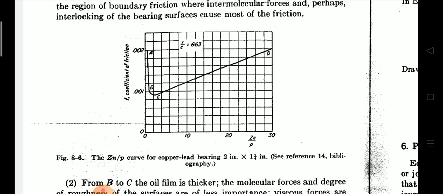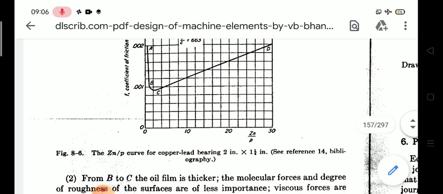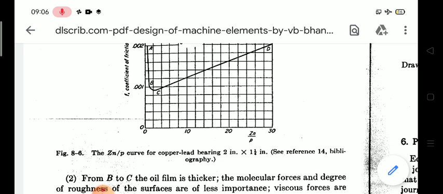And only during this section are the hydrodynamic concepts going to be valid. Before this, in sections AB and BC, hydrostatic bearings are going to be used, in which external forces are used to lubricate the bearing and journal.